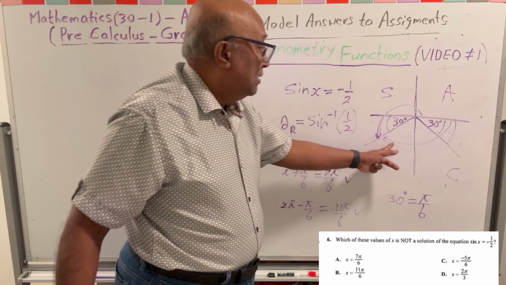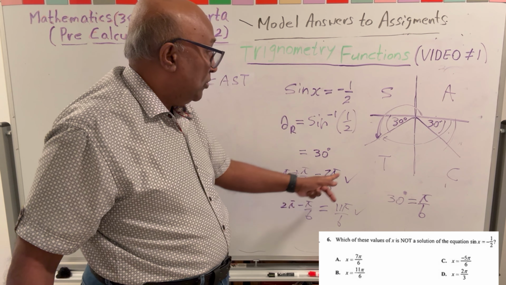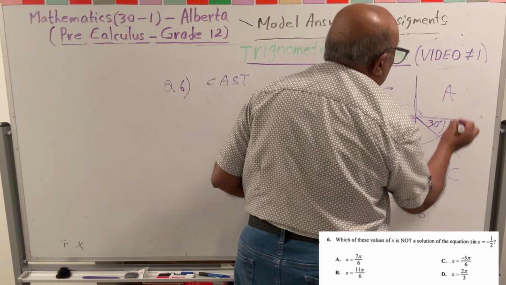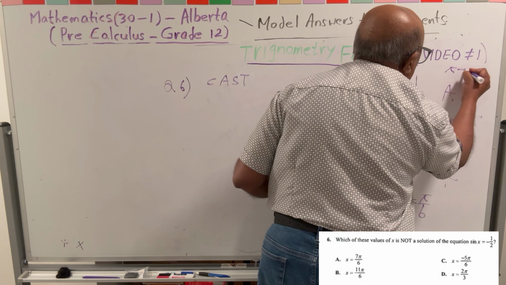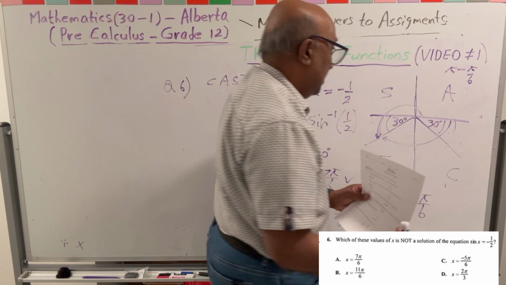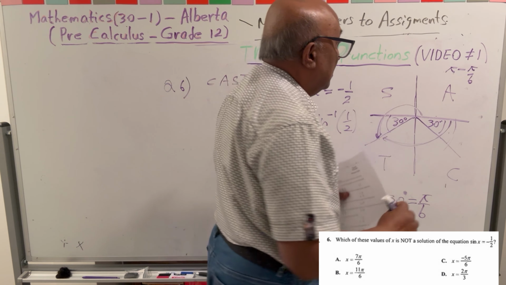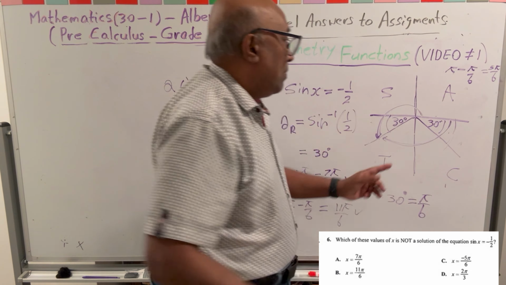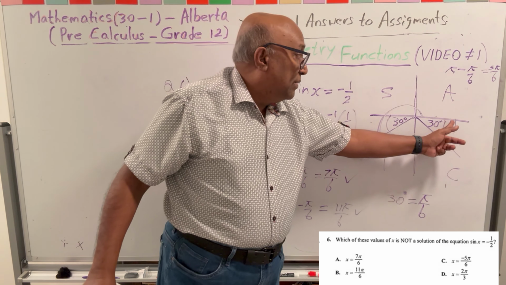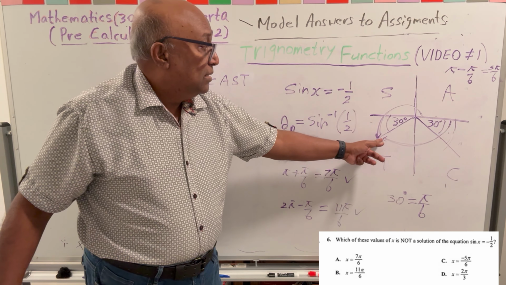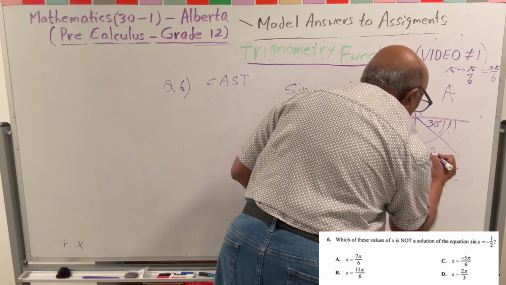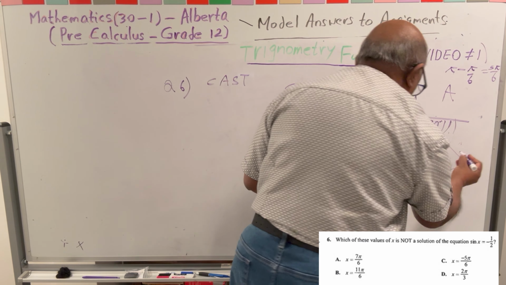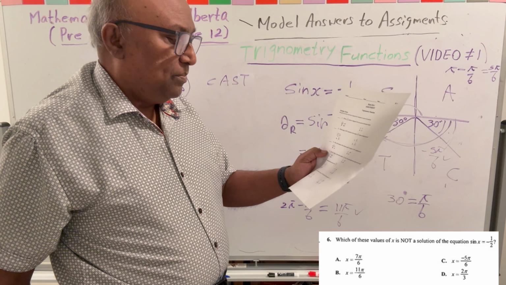That means this angle is pi minus pi by 6 in magnitude, okay? Pi minus pi by 6, which is equivalent to pi by 6. But as we measure this angle in the clockwise direction, this should be negative. Negative pi by 6 over there. That means C also yes.